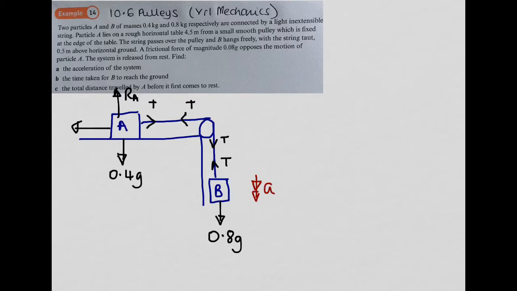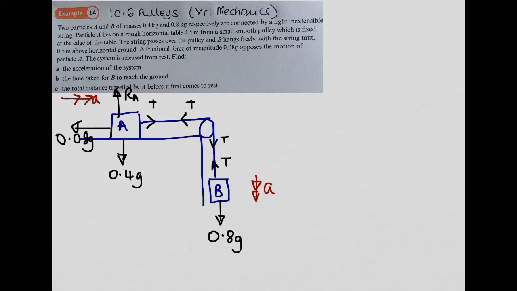So if we go up here, what direction is A going to accelerate? It's going to accelerate in that direction. So it's going to be released from rest and start moving, and that's why I know that my friction will act in this direction. So you do need to put on, to start with, the direction of the motion before you can put friction on, because remember, friction always opposes motion.